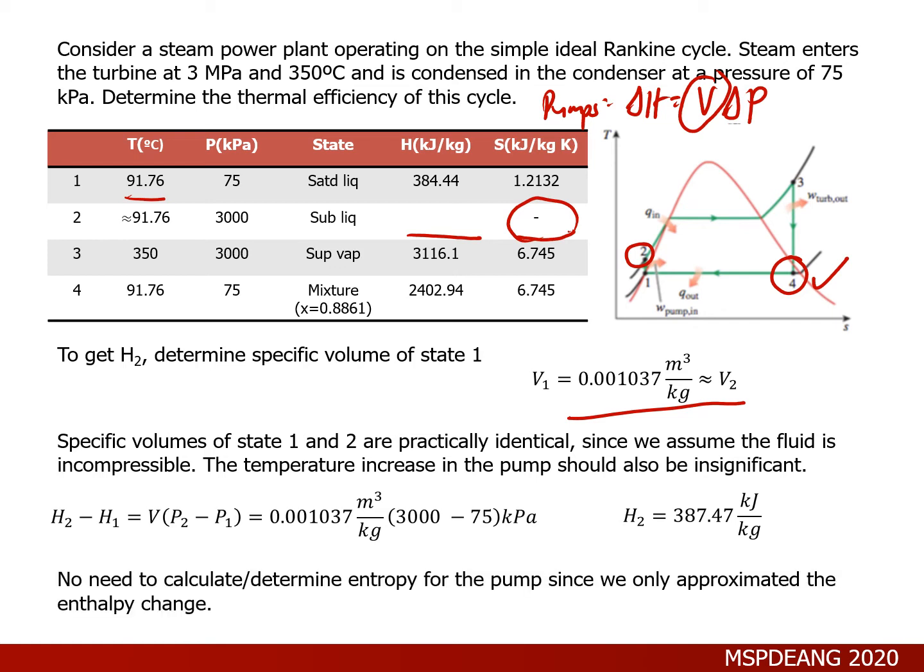Again, you do not need to determine the entropy for the pump since we only approximated the enthalpy change, and the enthalpy change is a reasonable approximation. However, for the entropy change, we really need the change in temperature, so our estimation would not be that accurate. And we don't even need to calculate the entropy change for state 2 as well.